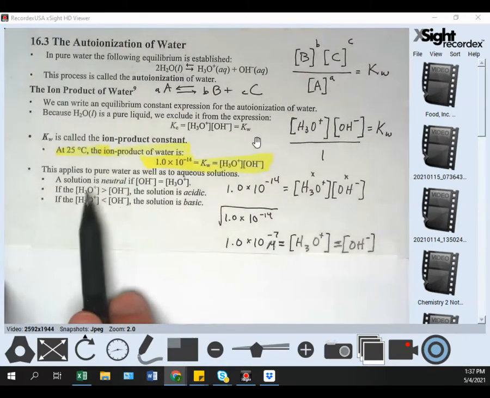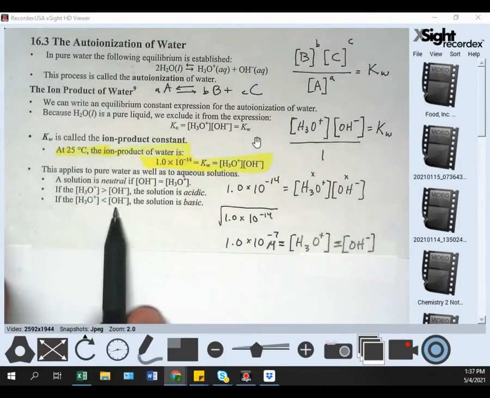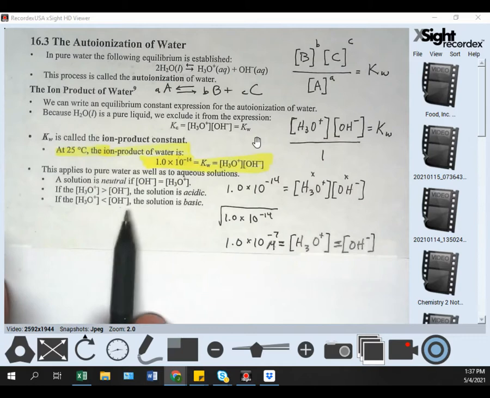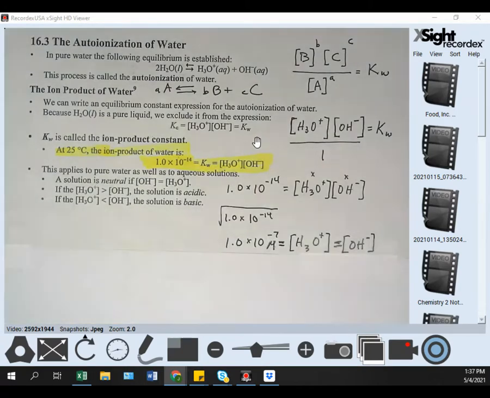If you've got more hydronium and less hydroxide, it's acidic. If it's flipped the other way, with more hydroxide and less hydronium, then it's basic, because the negative is basic and the positive would make it acidic. Does that make sense, at least so far in words?